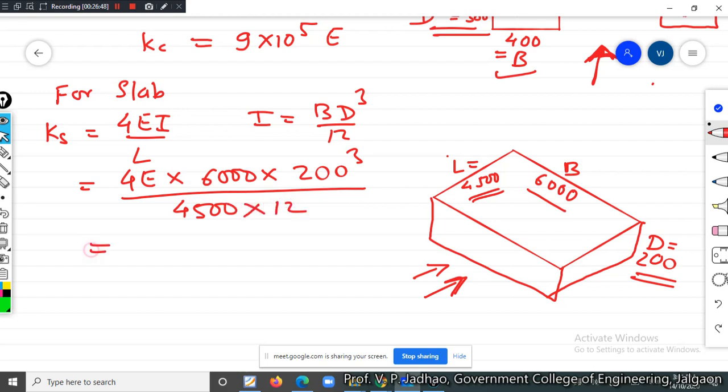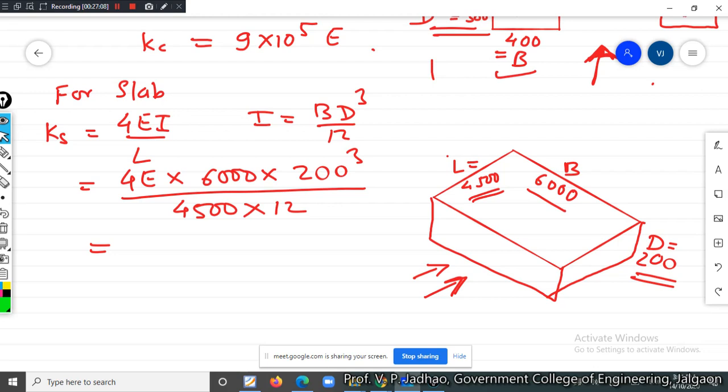So this Ks will be equal to, just a minute, sorry, there was some mistake.